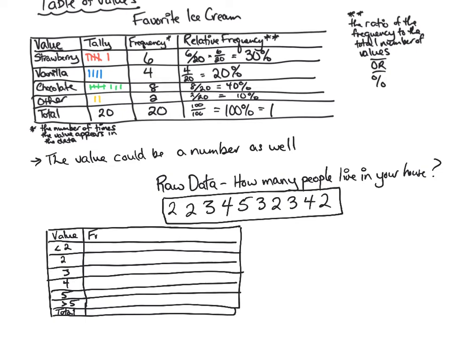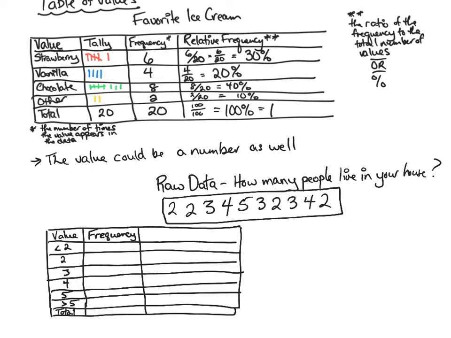So now I can have my frequency. Now, you could do the tallies if you want. Absolutely, you can always do the tallies if it makes it easier for you. In this case, there's not that much data, and so I'm not going to do the tally chart. I would do it if there was more.